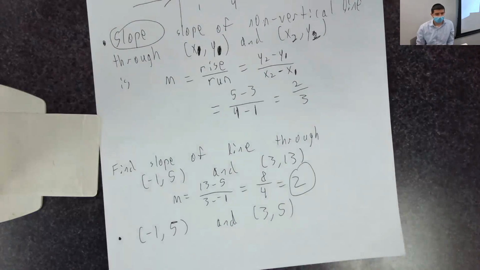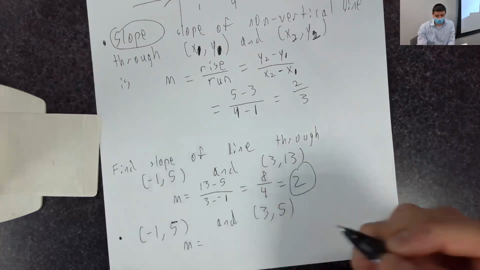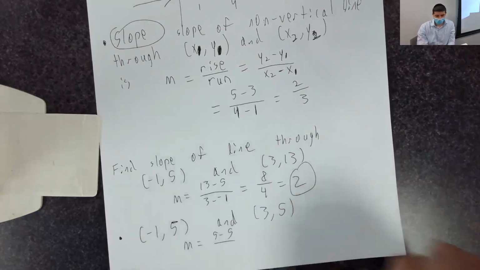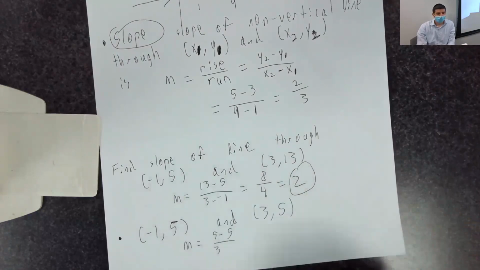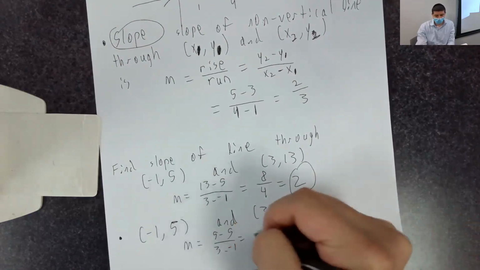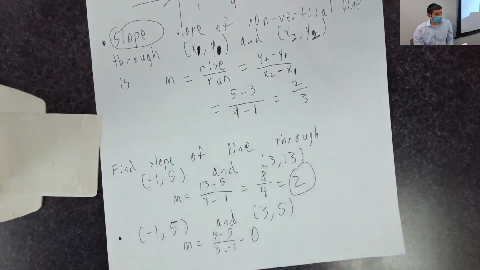It's m equals 5 minus 5 over 3 minus -1. Good, so the slope is 0. What does a slope 0 line look like? Horizontal line at 5. What was your name? Raphael.